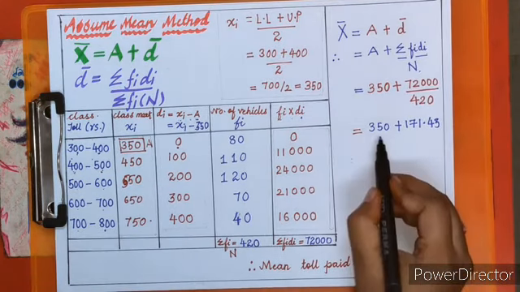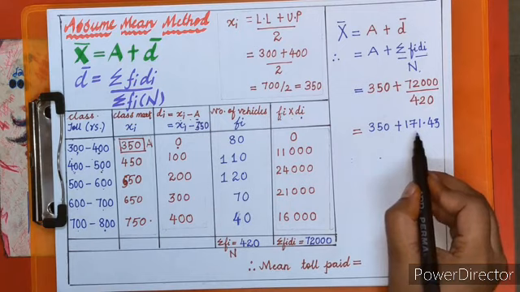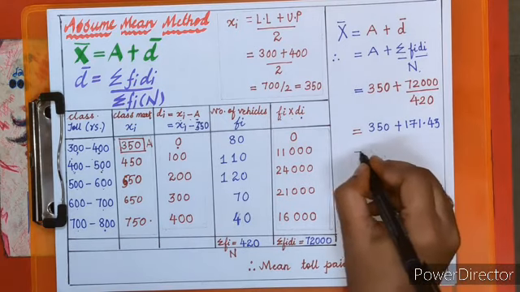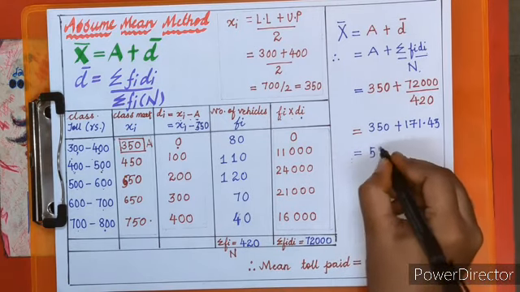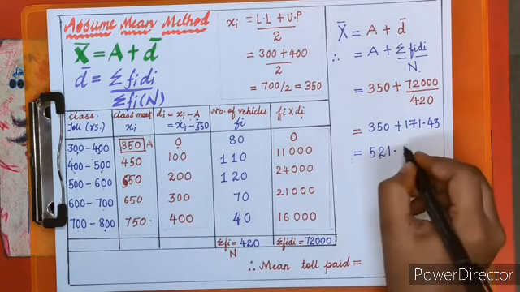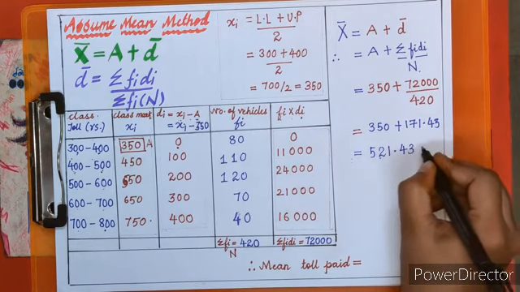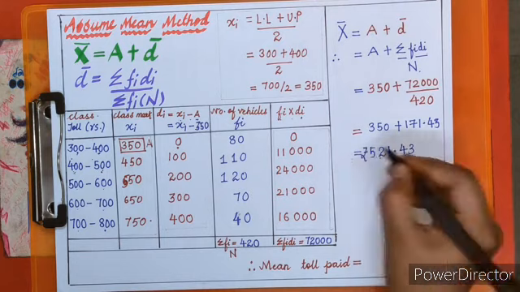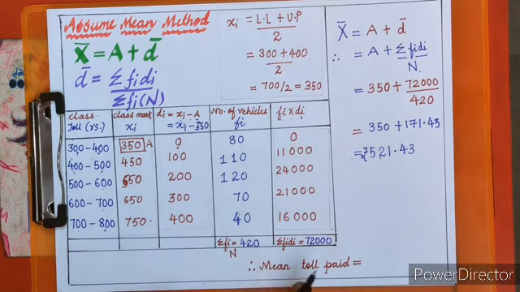Now we'll add 350 plus 171.43. It will give you 521.43 rupees. So therefore, the mean toll paid by the drivers is 521.43 rupees.